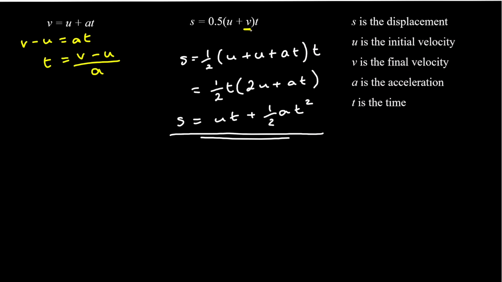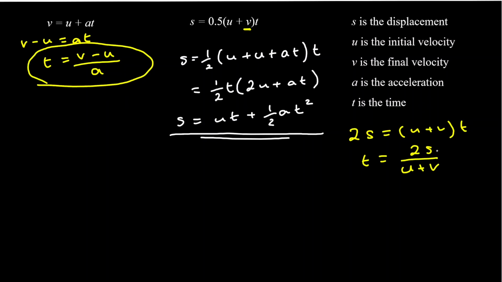And then for my s formula, I'll double both sides. So I'll get 2s equals (u plus v) times t. And then to get t by itself, divide both sides by u plus v. So t is 2s over (u plus v).